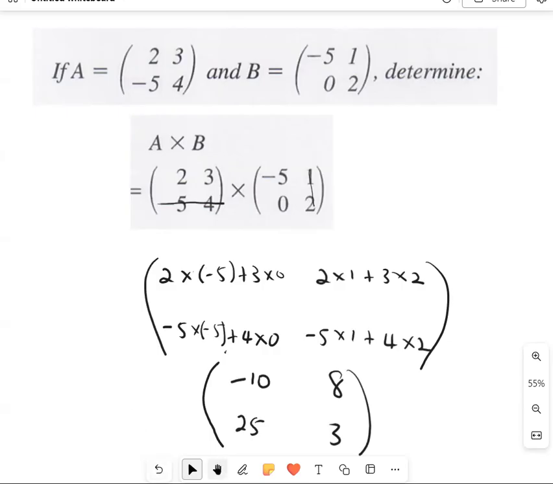Rows by columns, right? This row by this column gives you that. Fourth row by the second column gives you this one here. Second row by fourth column gives you this one. Second row by second column gives you this last one. You simplify all the arithmetic and you get it.